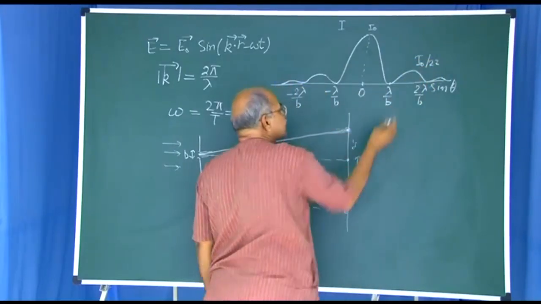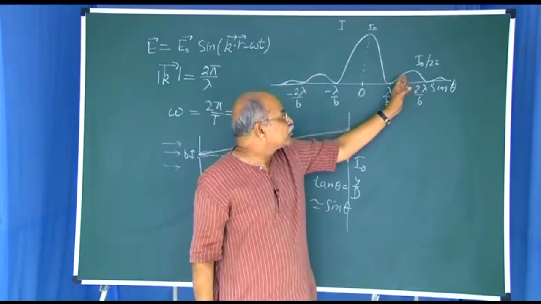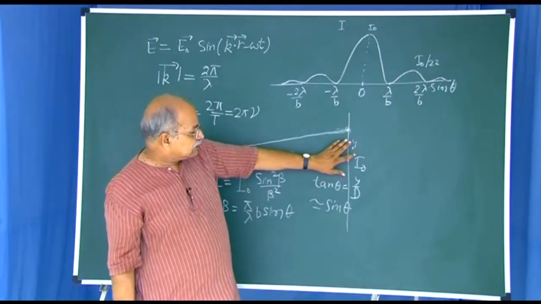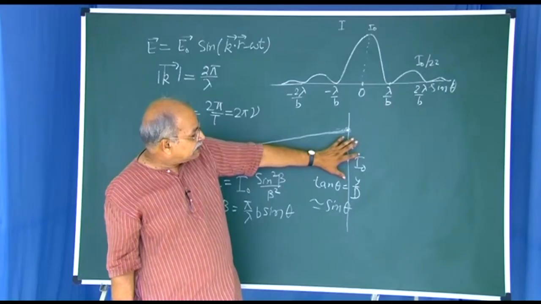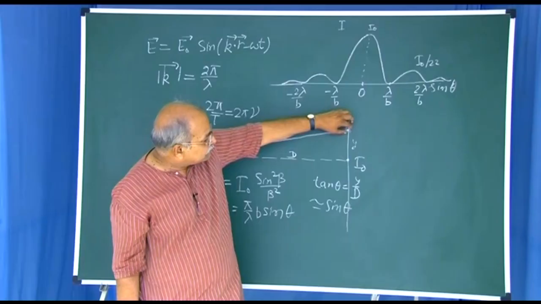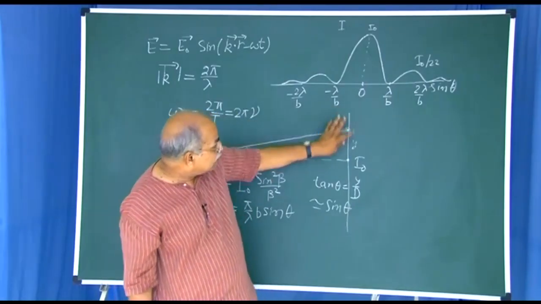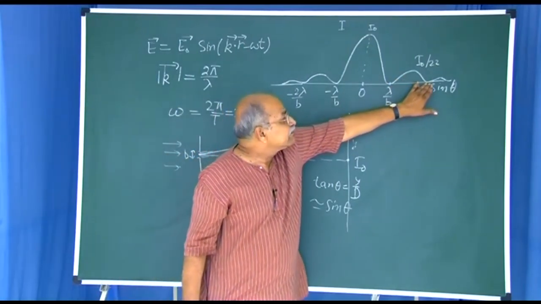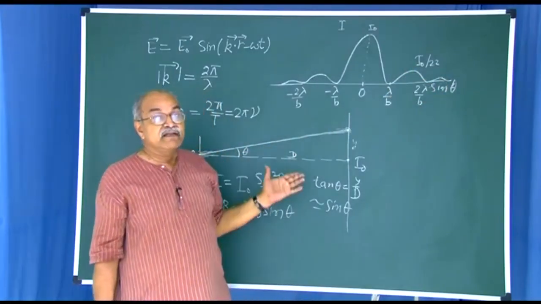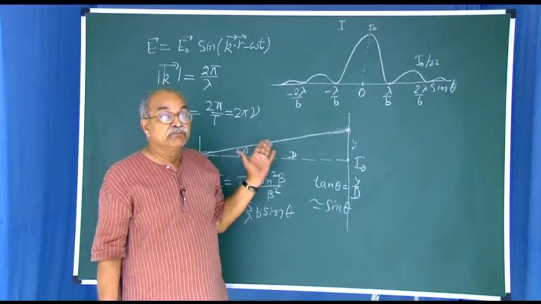So, this intensity is small as compared to the intensity here, nevertheless in its own neighborhood this is a maximum. So, you have a bright band, then you have dark, and then again a bright band which is not very bright, but still in its own neighborhood it is a band, and then again intensity becomes 0 and again it increases. So, you have an alternating dark, bright, dark, bright type of pattern.